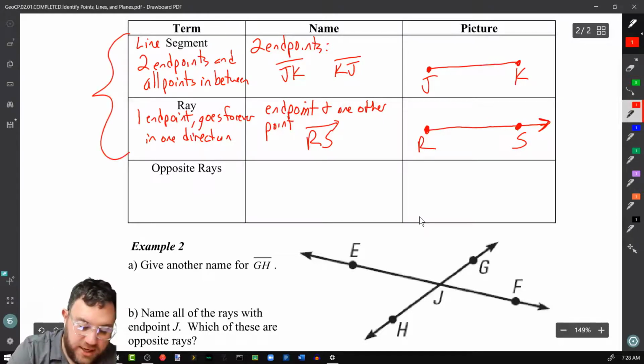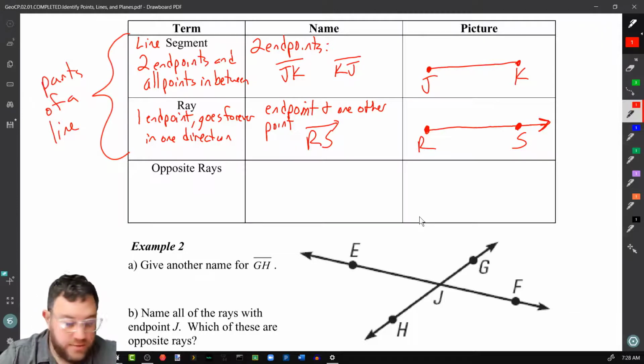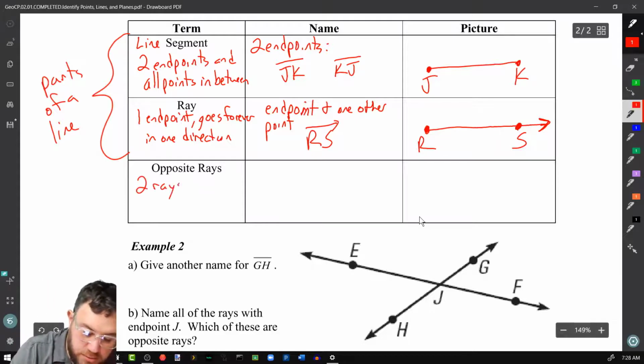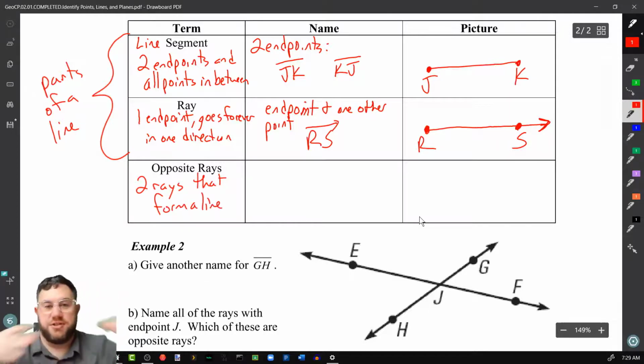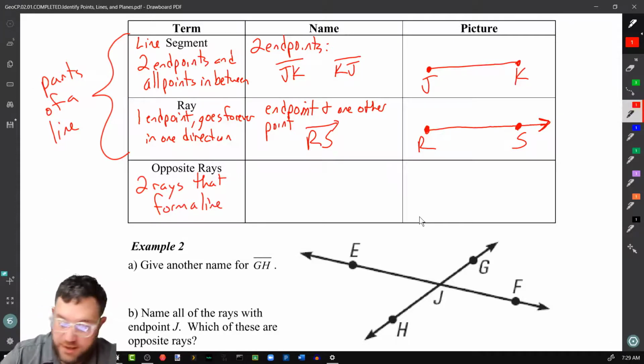Both segments and rays are parts of a line. Okay? Technically a ray is half of a line. Opposite rays are two rays that form a line. So they go in opposite directions, so when we put the two of them together, they actually create a line.